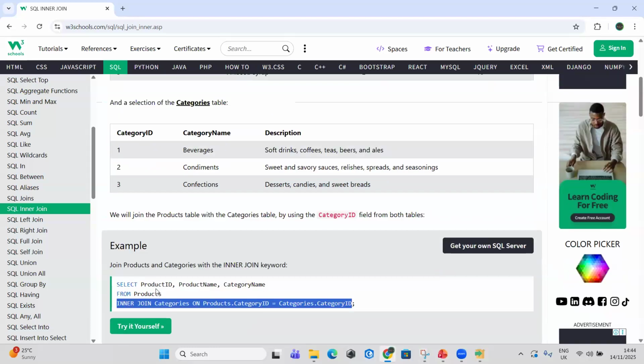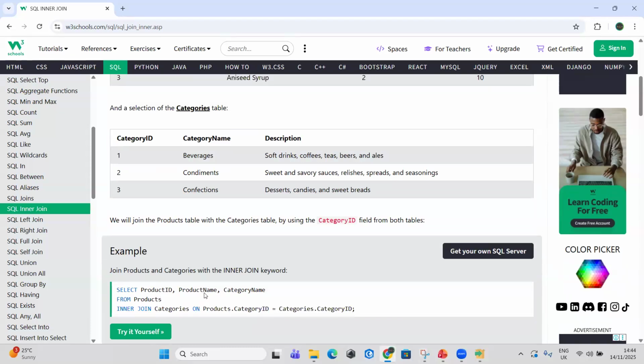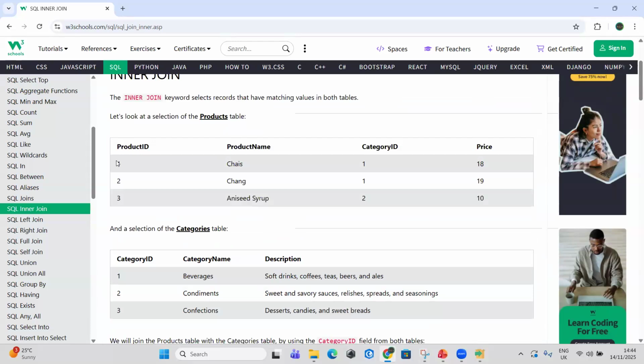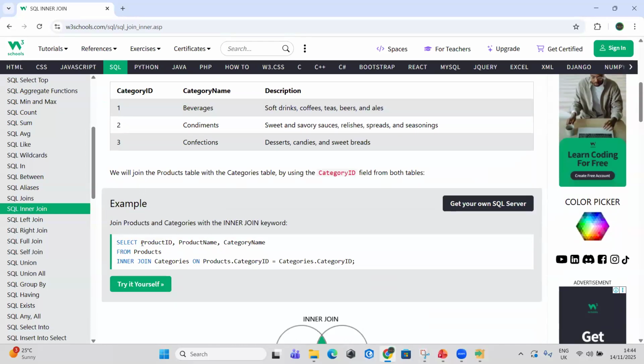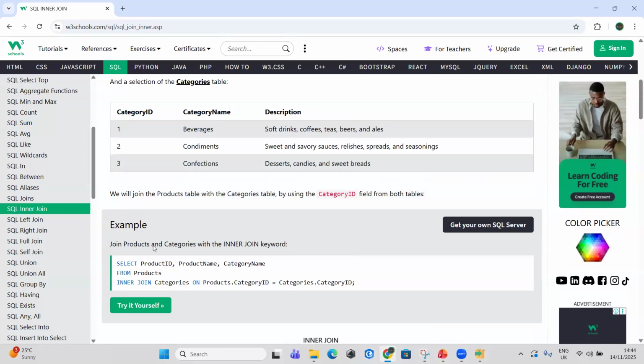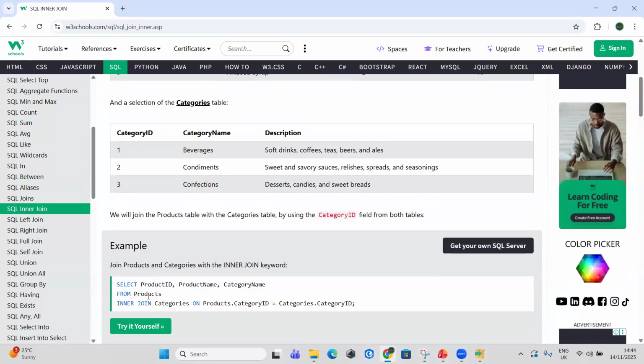Now, if you see, because product ID is just here, right? If this would also have a different product ID, which does not mean the same product ID, then I would have to write here categories dot product ID, right?